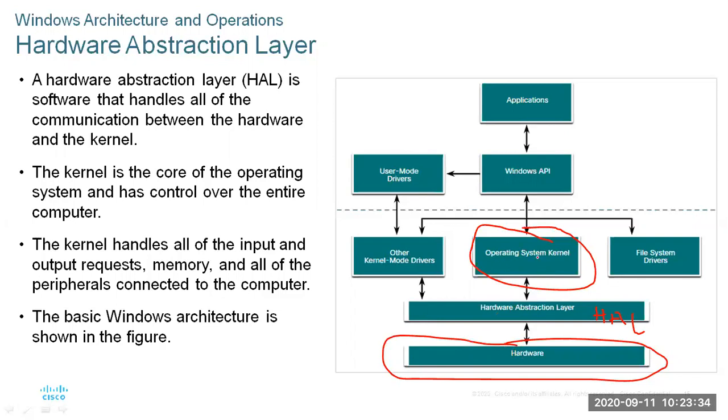Remember, we said the kernel is like the core of the operating system. It's like the backbone, the main part of the operating system. It also handles all the input and output on the system. This is how hardware devices communicate with each other.